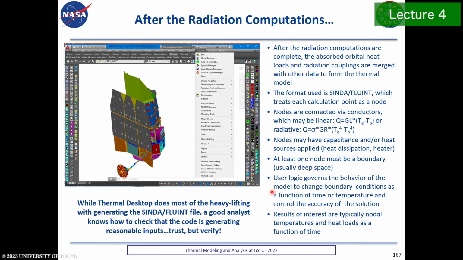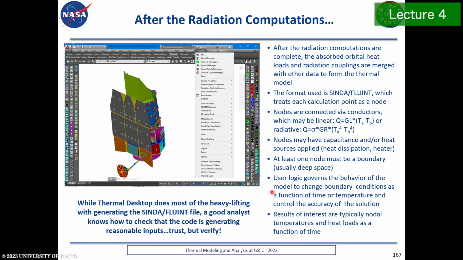Nodes can have capacitance or heat sources applied. At least one node in the system must be a boundary. That's what grounds it. If you don't have a boundary temperature, it could be anywhere above there and still potentially satisfy the heat loads. And then there's a variety of user logic that governs changing of boundary conditions, cycling of heaters and things like that to come on.